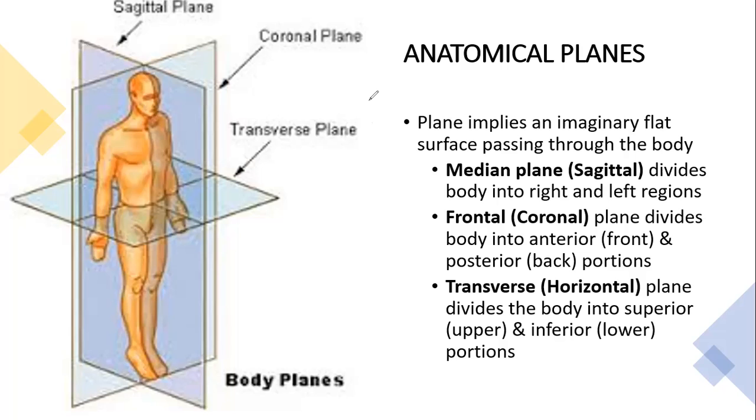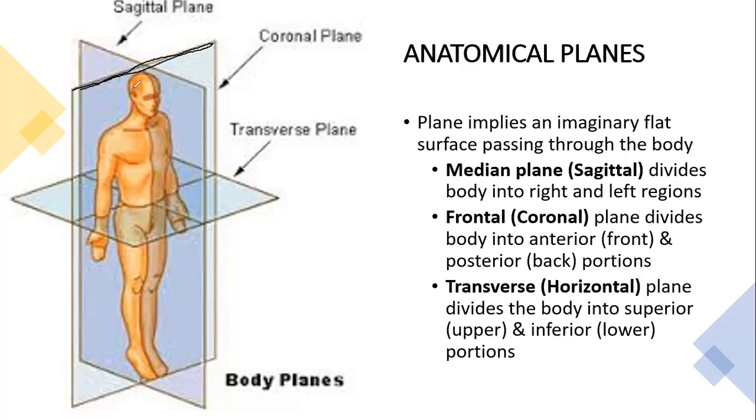The frontal or the coronal plane is where the plane divides the body into anterior and posterior halves, or front and back. So that glass goes into the head and down into the body and splits the body into an anterior and posterior portion.